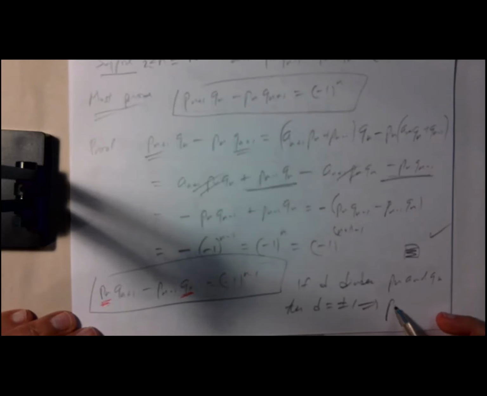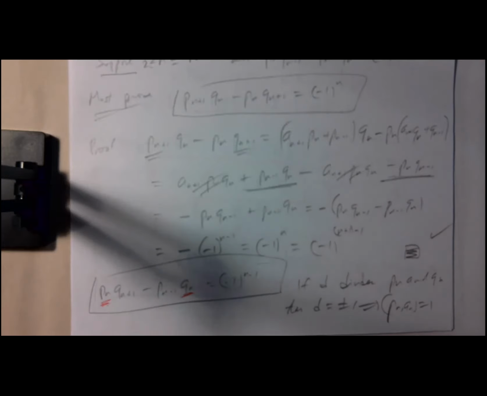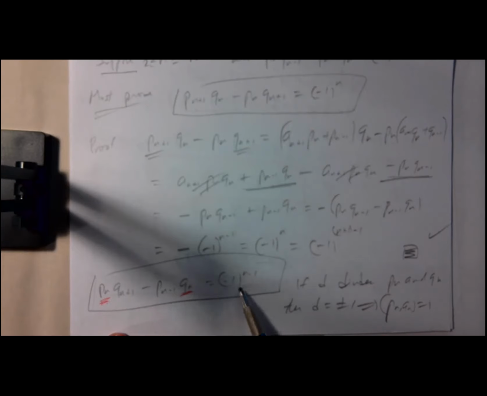So the greatest common divisor of P_n and Q_n has to be 1. That follows from this formula, because any common divisor of P_n and Q_n would have to divide 1. All right.